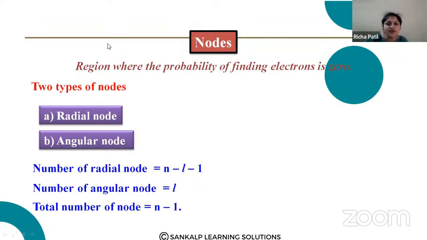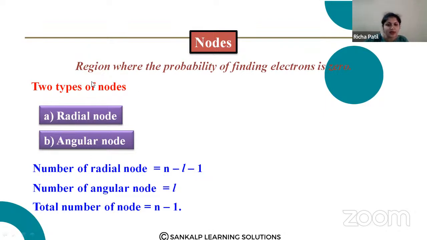There are two types of nodes: one is the radial node and the second is the angular node. A radial node is a spherical surface region where the probability of finding the electron is 0.